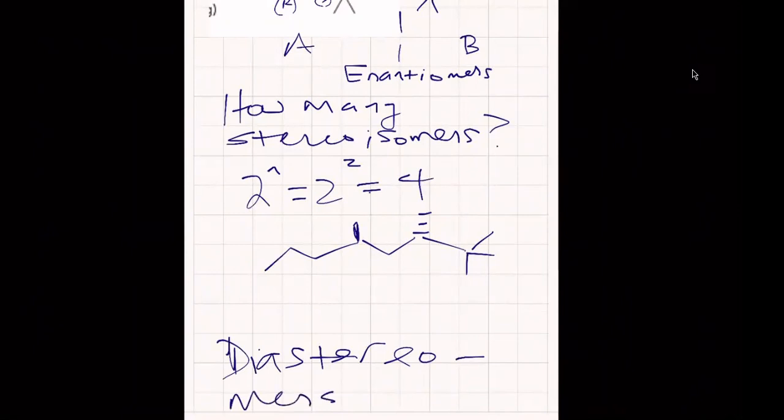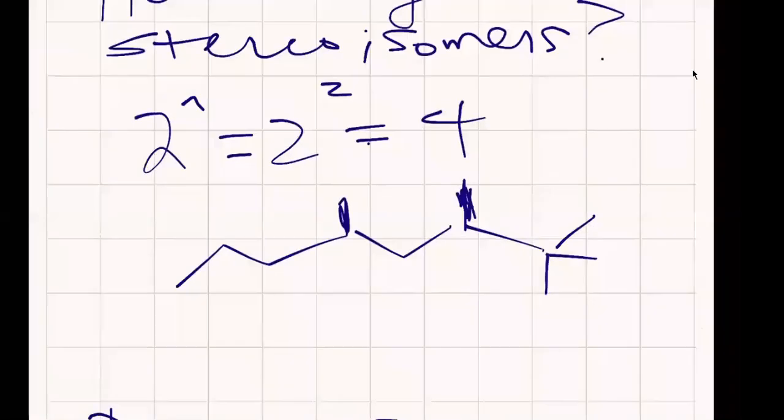So if I took A and I changed the dash to a wedge, if I change that to a wedge like that, you following that?